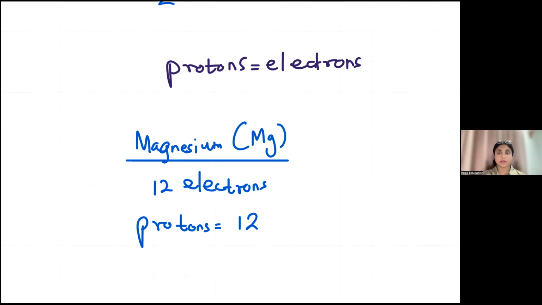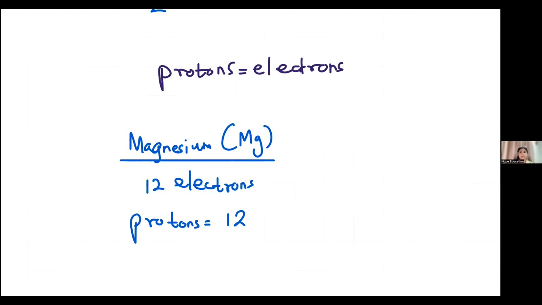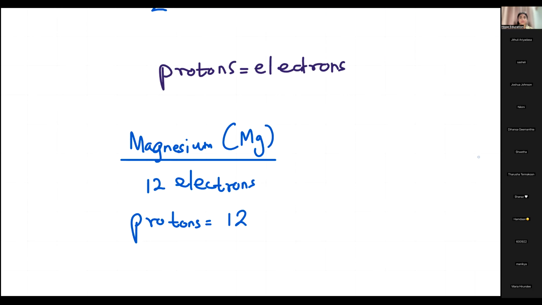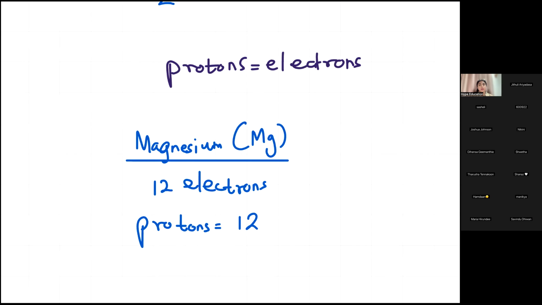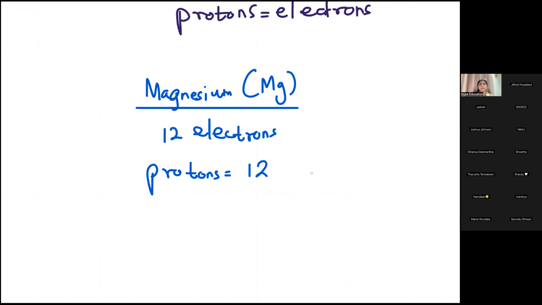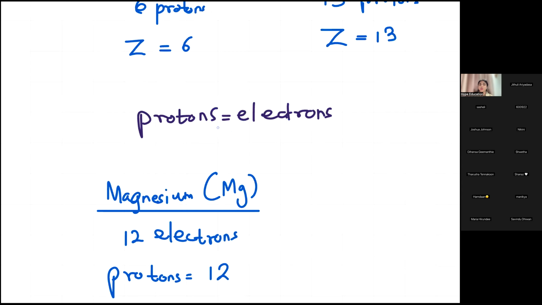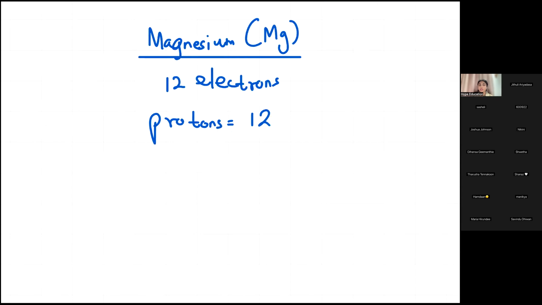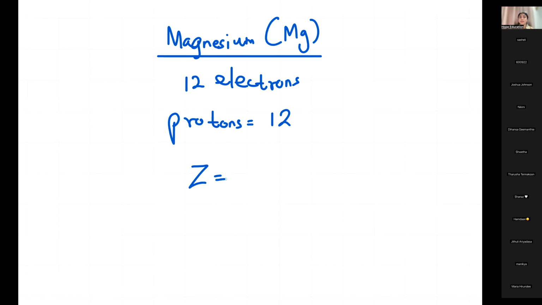Okay, others, what do you think? Why would it be 11? We know atomic number is the number of protons. So if the protons are 11, atomic number is also, sorry, I also said 11 now. We said atomic number is equal to the number of protons. So if the number of protons is 12 here, atomic number is also 12. Okay, keep that in mind.